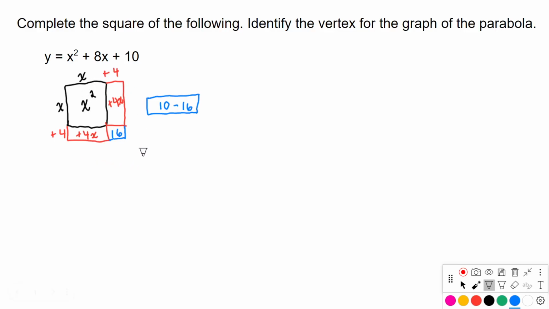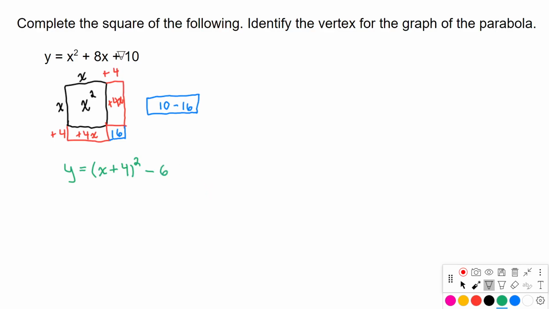So if I look at this square and I want to write my new equation through the process of completing the square, I have y equals, my square is x plus 4 squared, and my adjustment is going to be 10 subtract 16, which is minus 6.